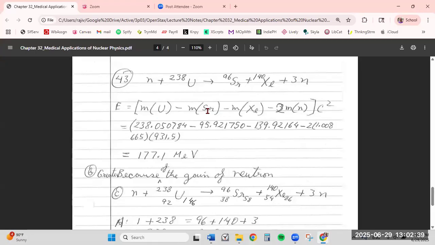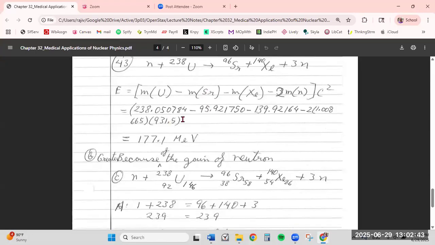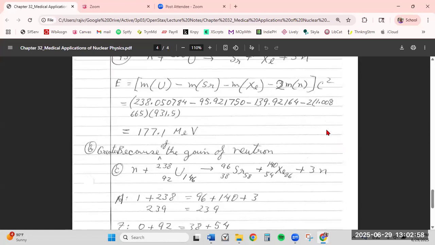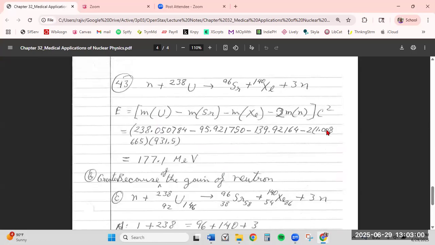So the mass of uranium is the usual. And you multiply by 931.5 and you get 177.1 MeV. So this is greater because of the gain of the neutron.